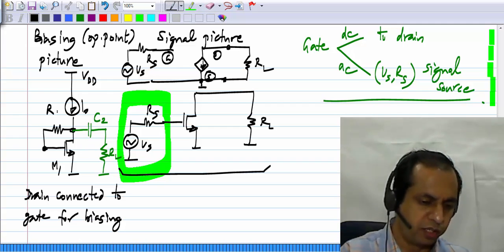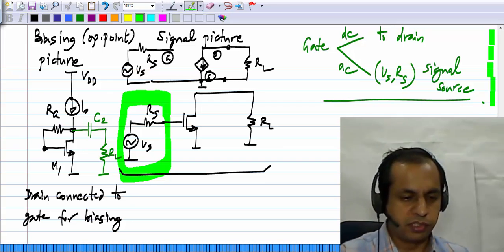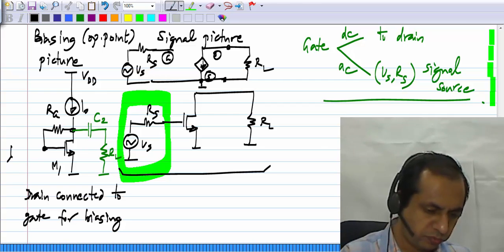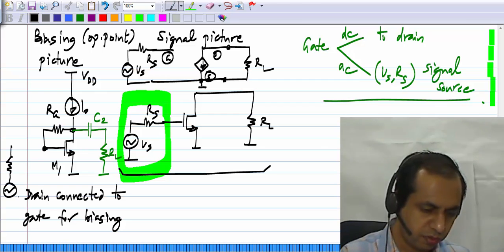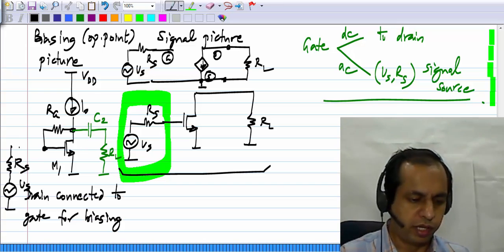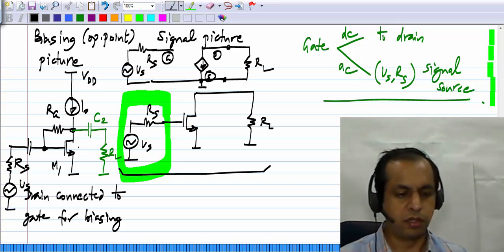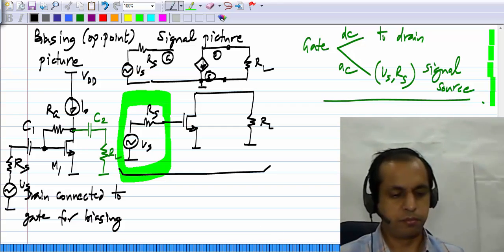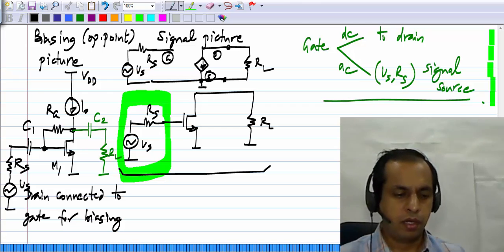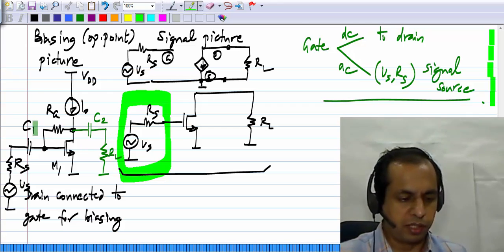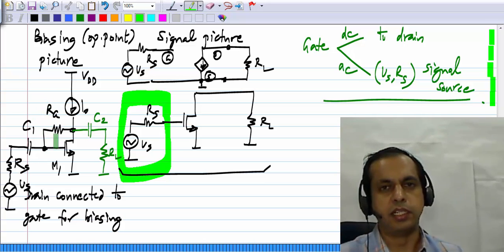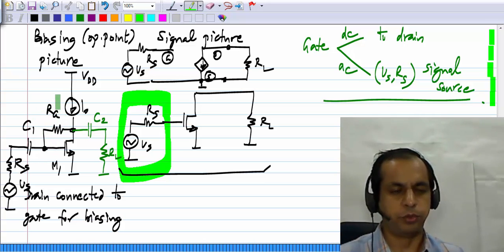Let me just call it RG. At the same time, it should also get connected to the signal source for AC, so I connect it to the signal source through a capacitor C1. Now we have to make sure that this C1 is much larger than something, and we have this RG. We have to find out the effect of that and so on.